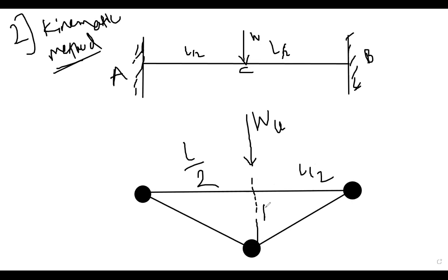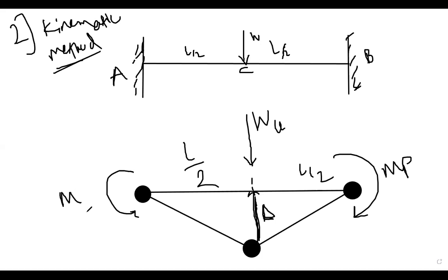And there is an imaginary displacement called delta, by using the principle of virtual work. Delta is the imaginary displacement below the load. Then there is a plastic moment MP, right?